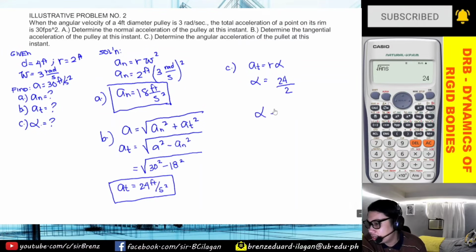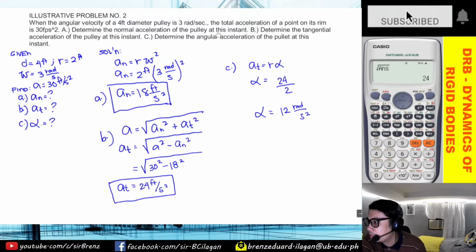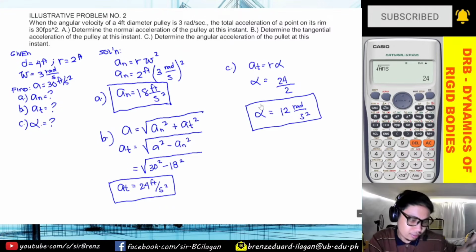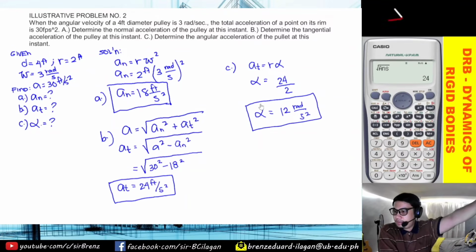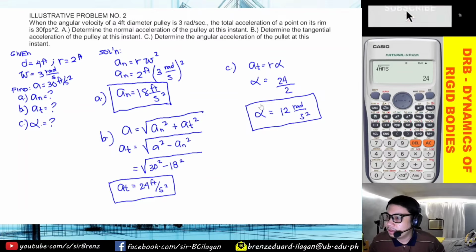So yung angular acceleration natin is 12 radian per second squared. So wala namang ni-required na unit. So ito na siya. Ayan. So let's just check. Okay, so tama naman. So again guys, I'll give you again 2 minutes to copy this problem. So you may start copying.